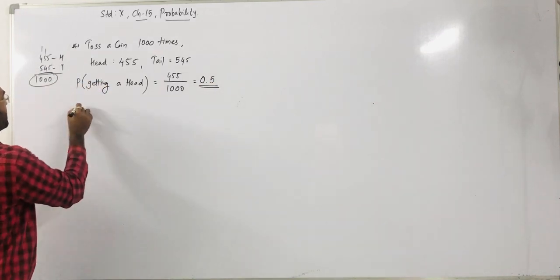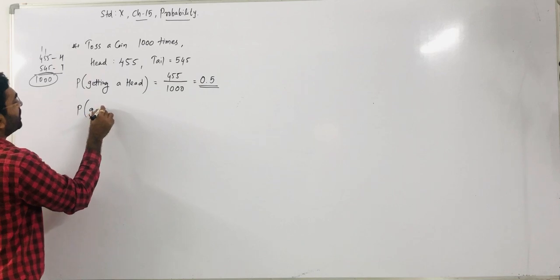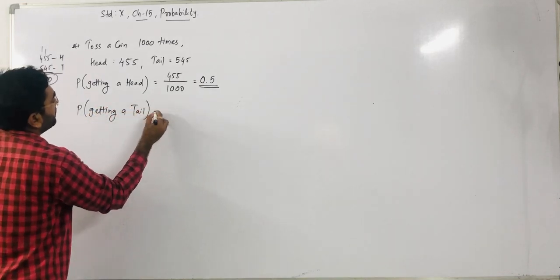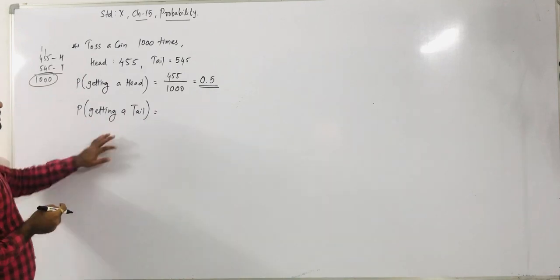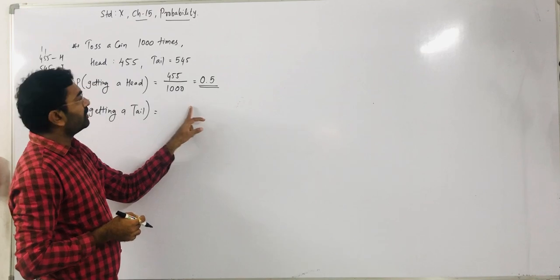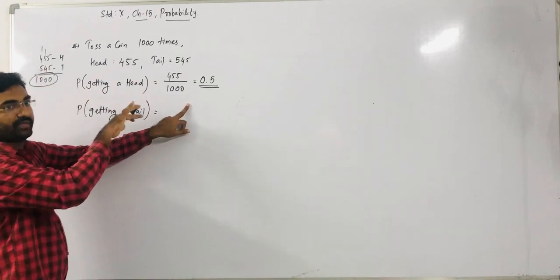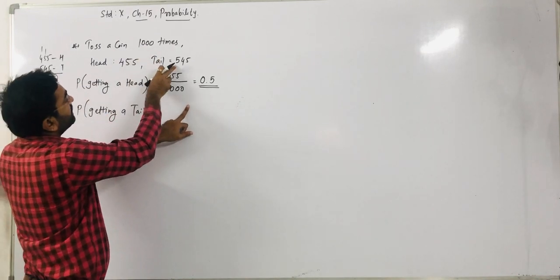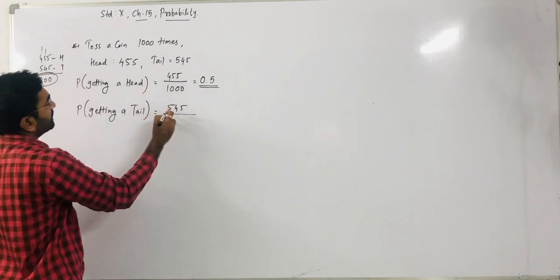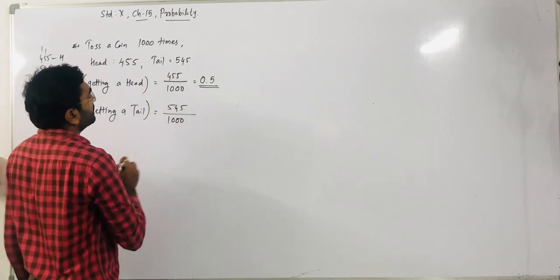In the same way, suppose I want to find the probability of getting a tail. In the numerator you write the number of trials in which you get the tail. How many times do you get the tail? Here we get 545 times, out of the total number of trials, 1000 times.